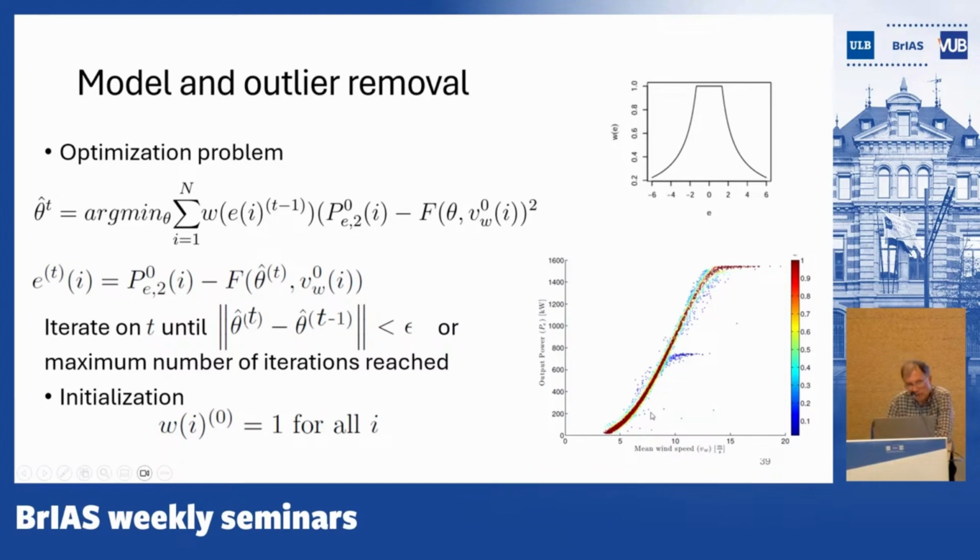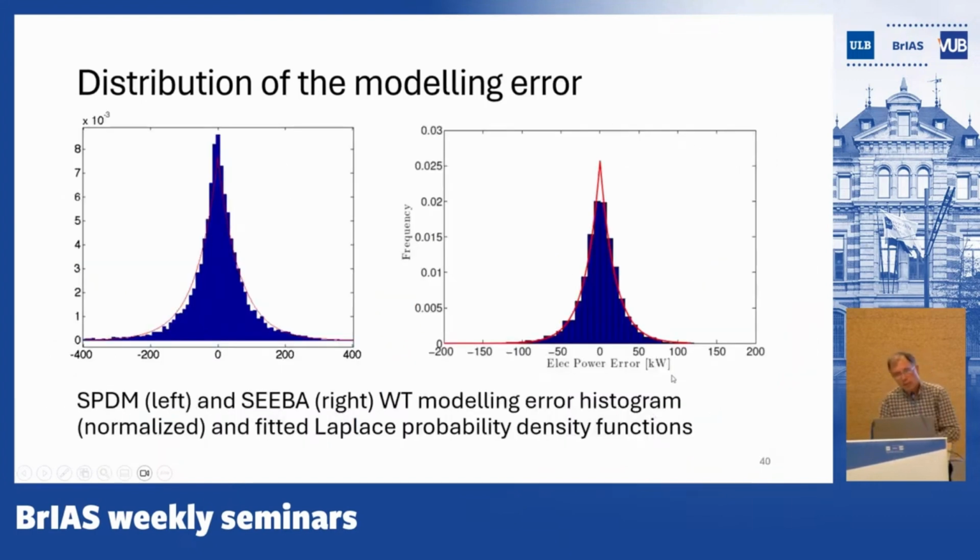Now we have our model of our power curve. Let's look at how well it fits when we are using actual wind turbine data. So we have used here wind turbine data coming from 2 wind farms that are called SPDM and CBAR respectively.